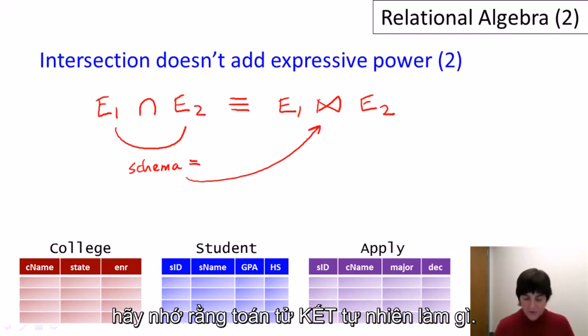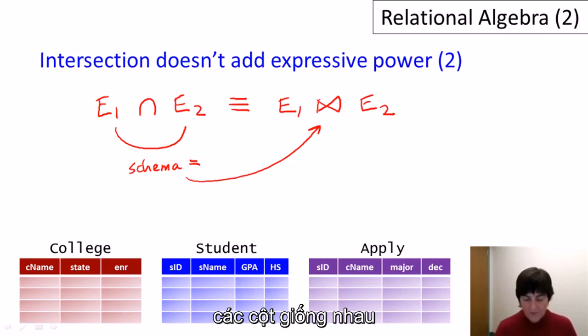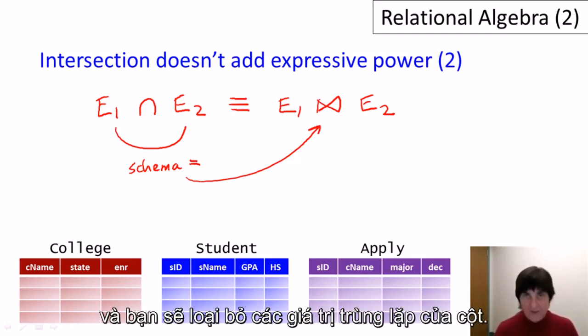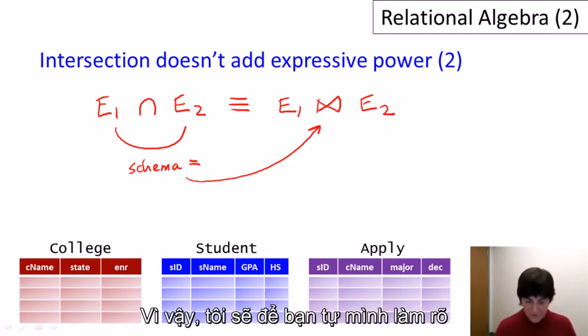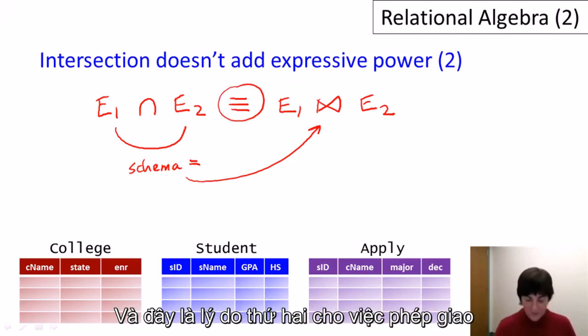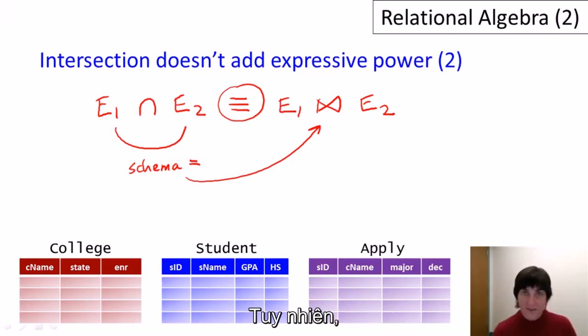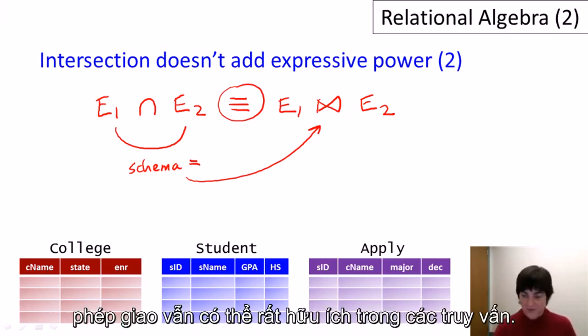Remember what natural join does. Natural join says that you match up all columns that are equal and you eliminate duplicate values of columns. So I'll just let you work out for yourself that this is indeed an equivalence, and a second reason that the intersection doesn't add any expressive power. Nevertheless, the intersection can be very useful to use in queries.